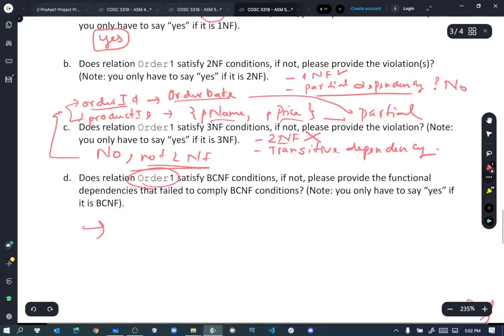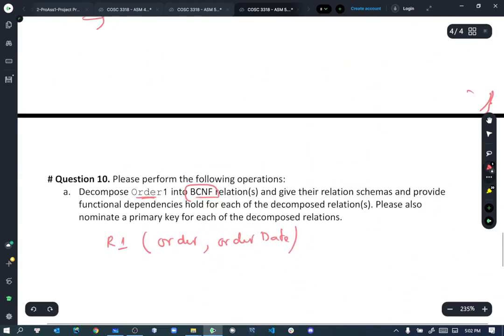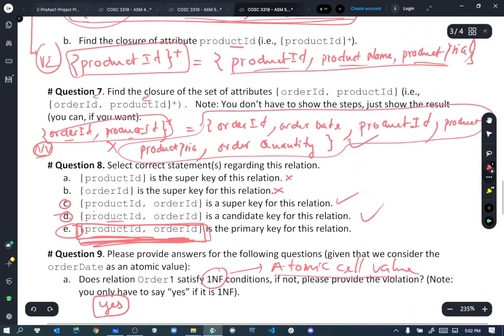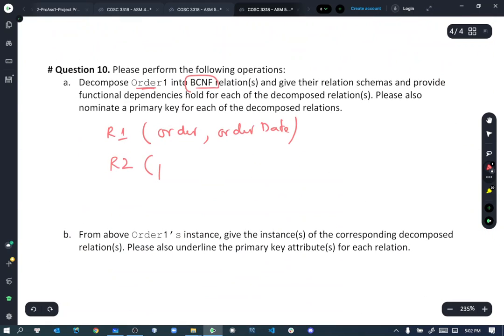And you have another violation, R2, which is from V2 for product. So you will have order ID, product ID, product name, product price.